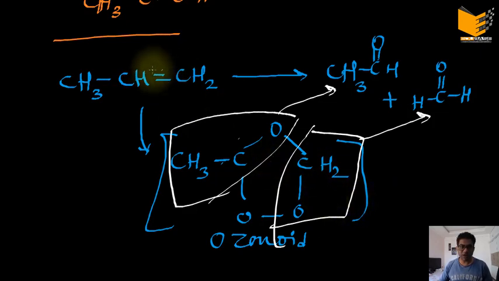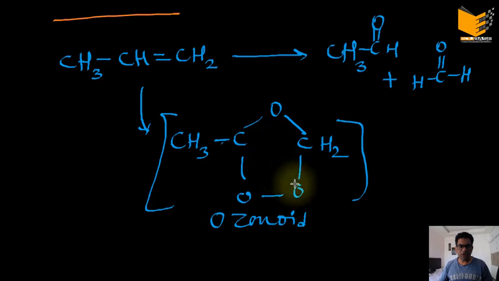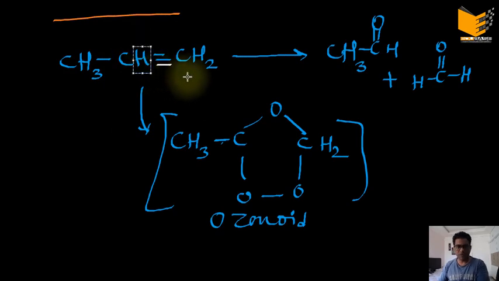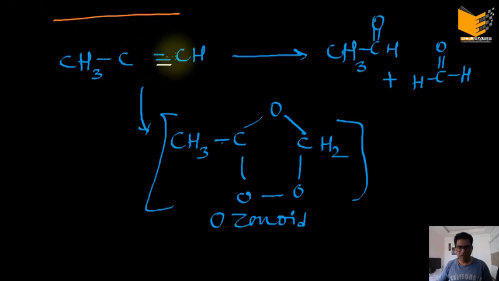Now instead of a double bond, let's say we take a triple bond. Instead of an alkene, if you take an alkyne, I add one more pi bond here, and so to keep up with the valency, I'll have to remove one hydrogen from each of the carbons. That is a triple bond now, and if I do the ozonolysis in this case, there are three bonds.